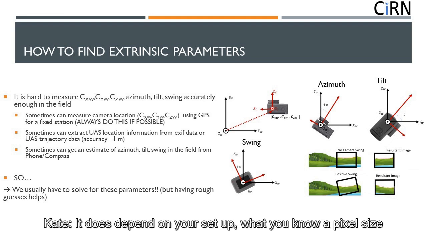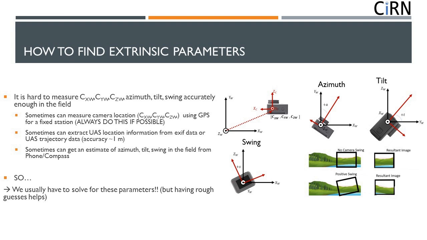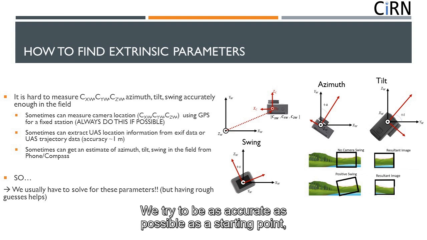It does depend on your setup, what a pixel size is for your GCP targets that are very, very far away. I would agree. For the area that you're interested in, the waves, the pixel is already that large. A couple of centimeters doesn't really matter. It typically is, yep. We try to be as accurate as possible as a starting point.